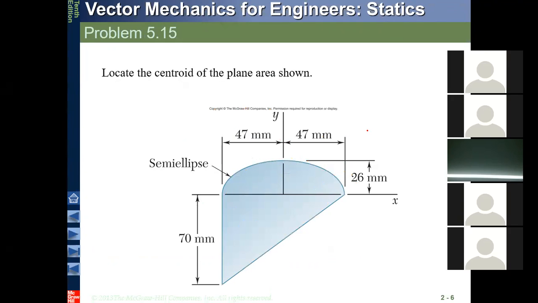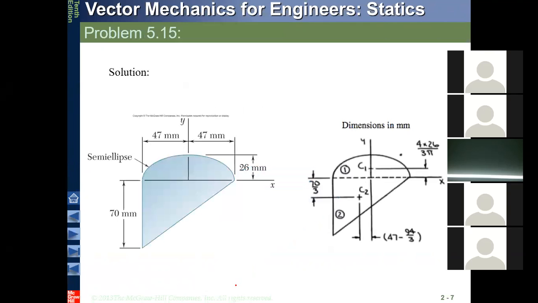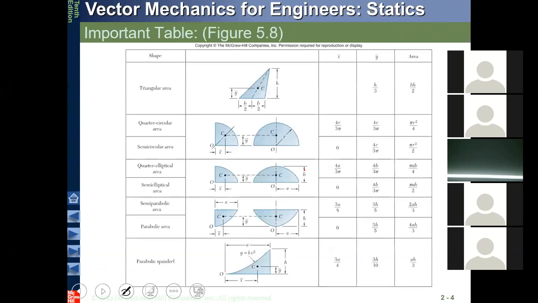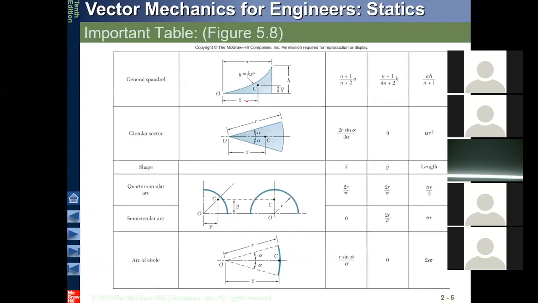So you'd better first discretize this area into two objects, semi-ellipse and a triangle, and then you can refer to the table. For a triangle, y bar is h over 3, and y bar is calculated from the base.